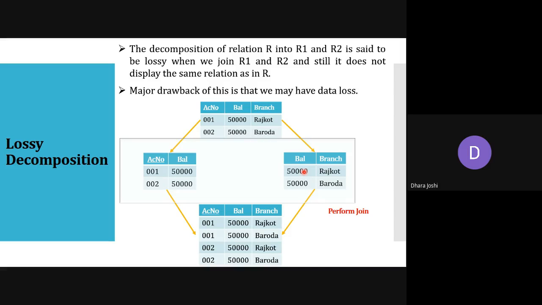Ideally, our result should contain the two records and it should be similar to this, because previously we had this table, we created two new tables from that, and once we merge these two tables, it should be similar to this. But as you can see, it is not the same. Why? Because here we have two extra records which are not correct.